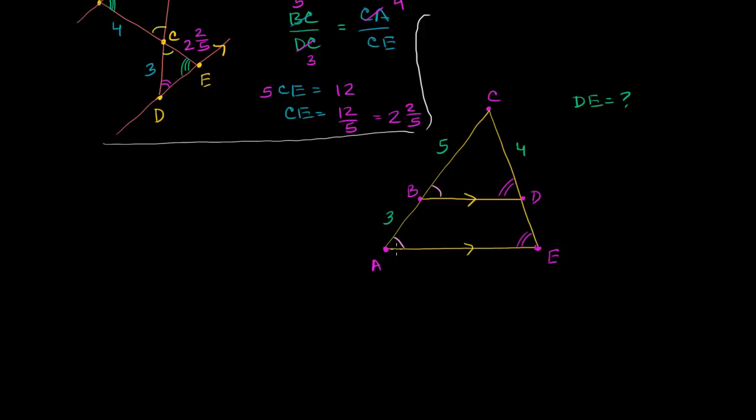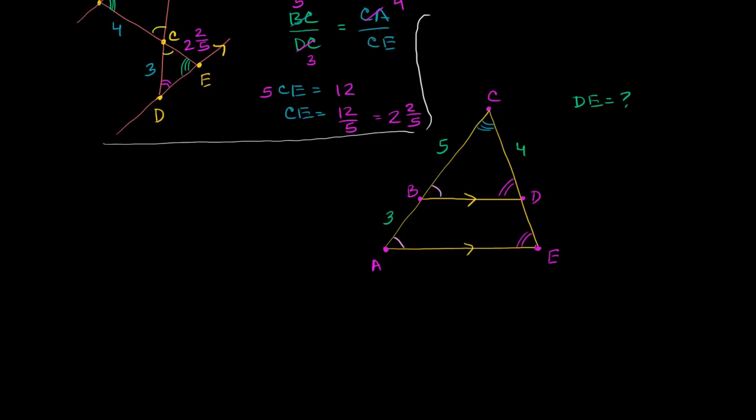In both triangles, triangle CBD and triangle CAE, they both share this angle up here. So once again, we could have stopped at two angles, but we've actually shown that all three corresponding angles of these two triangles are congruent to each other.